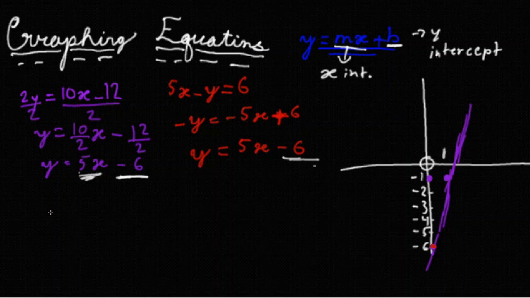Then we have 5, so we go up 5 to negative 1 over here, and then we move to the right 1. That's how we get that. Oh, this one was smoother. Yep, so those two are the same line, and they're not parallel or anything. They're just on top of each other like that.